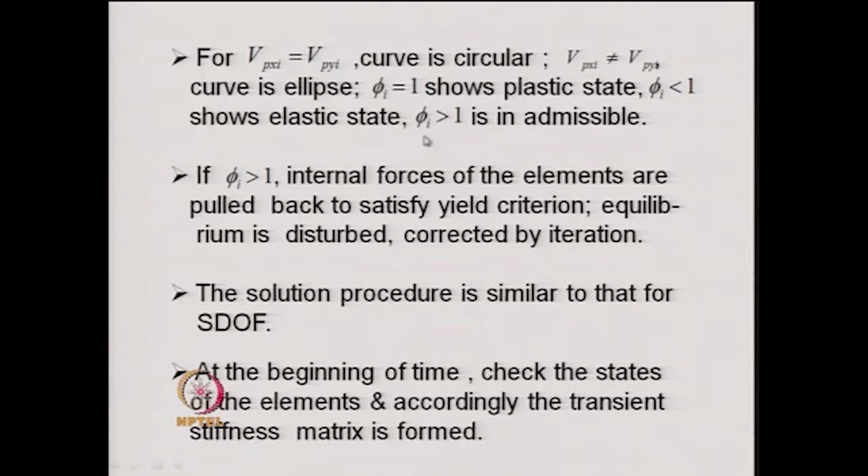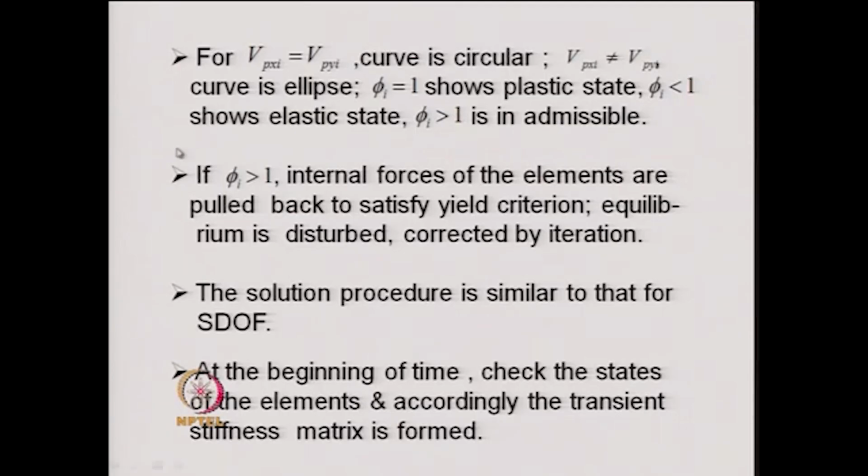And this is the check that we do basically when the system moves from one plastic state to another plastic state. That is, for each column we examine or trace the values of phi I, and if phi I happens to be greater than 1 when it is moving from one plastic state to the other, then that is inadmissible, and in that case one has to pull down the forces.